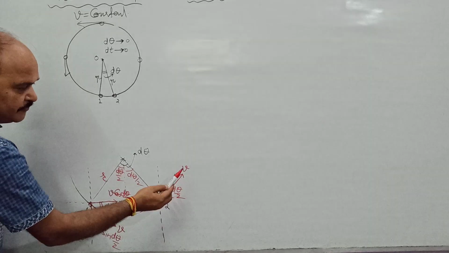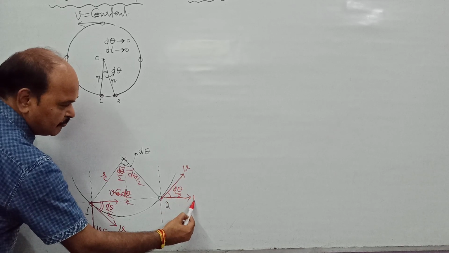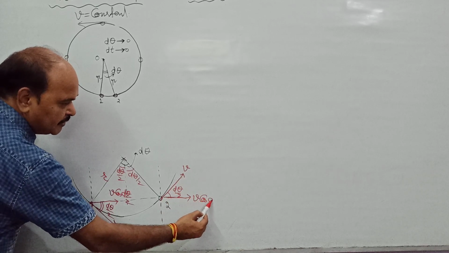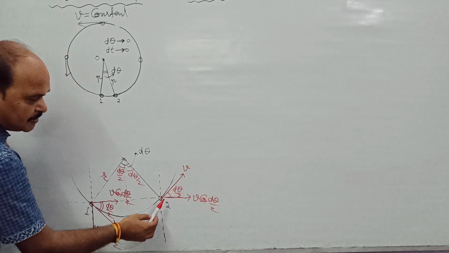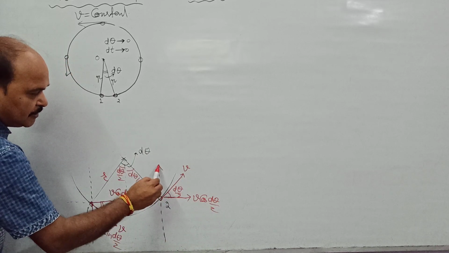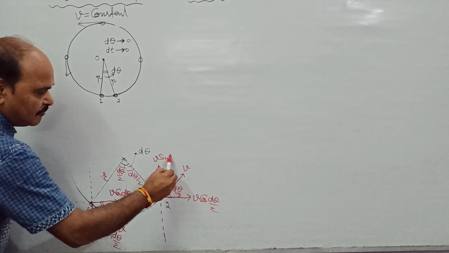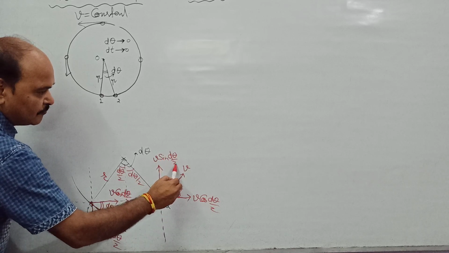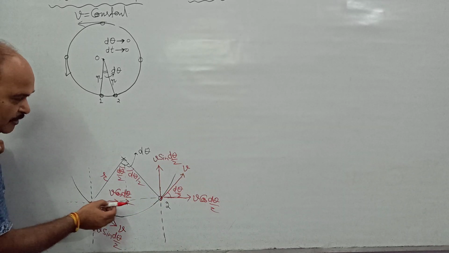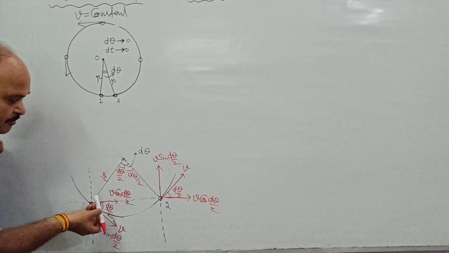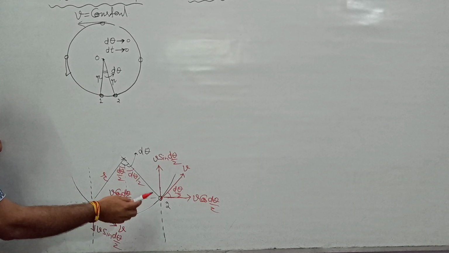Now this velocity v will have a component in this direction, and that would be v cos of d theta by 2. And the component of the velocity in this direction would be v sin of d theta by 2. So these are the velocities along x-axis at point 1 and 2, and these are the velocities along y-axis at point 1 and 2. And time taken to move from 1 to 2 is what?